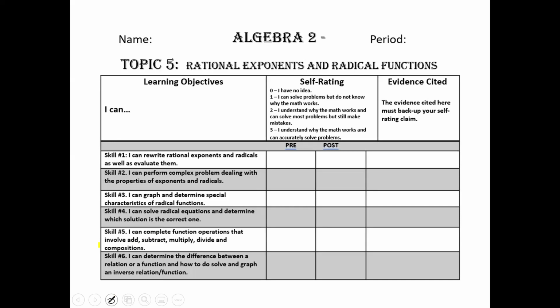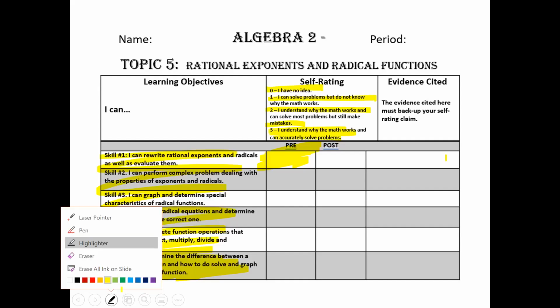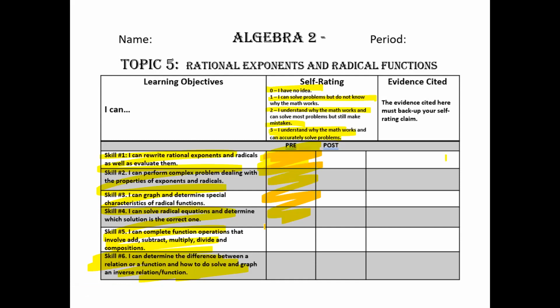So in class right now, give yourself a self rating. 0 means you have no idea, 1, 2, or 3, and look at the following 6 skills, and you just need to fill out this part that I'm highlighting in orange right now with 0, 1, 2, or 3, because you haven't really done any of this yet, but I want to give you an option to look at the pre-rating and see where you fall.